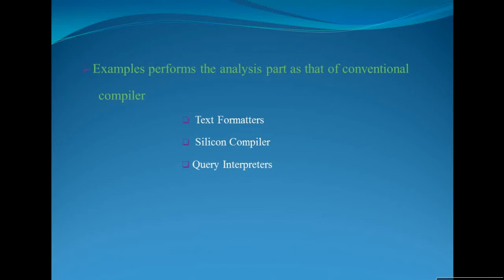So some of the examples that perform the analysis part of a conventional compiler are text formatters, silicon compilers, and query interpreters.